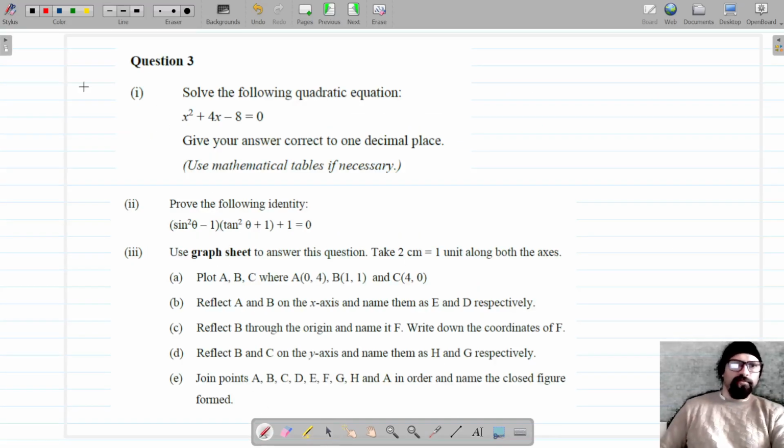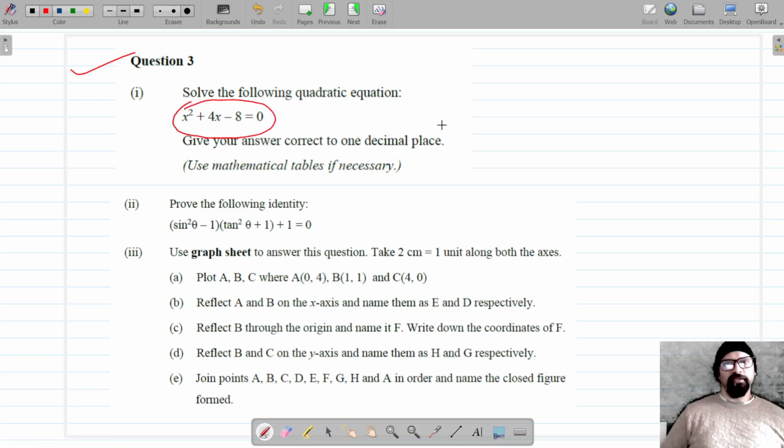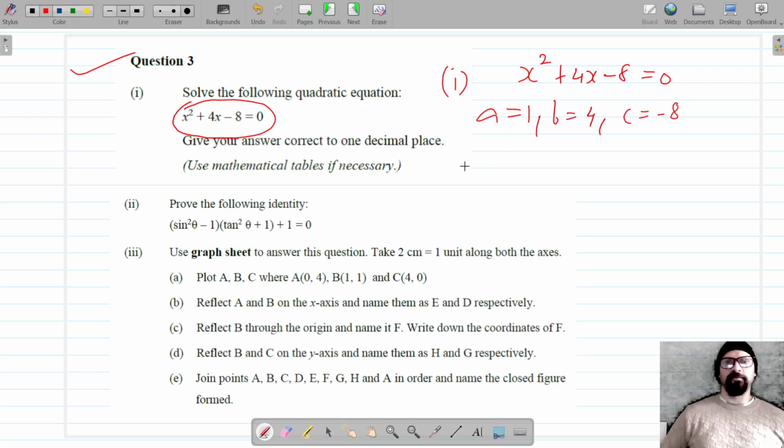For question number 3, it's given that you have to solve the following quadratic equation, which is x squared plus 4x minus 8 is equal to 0. So A is 1, B is 4, and C is equal to minus 8. Let's find out if the roots exist for this equation or not.